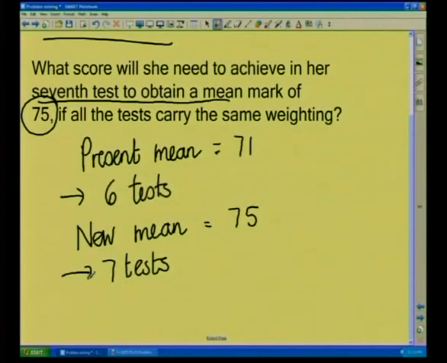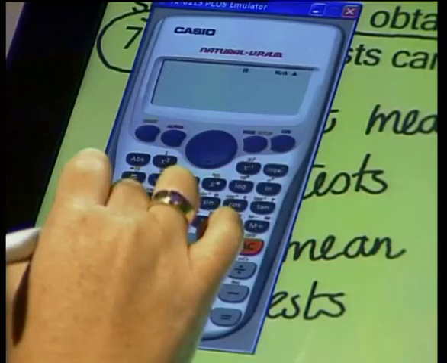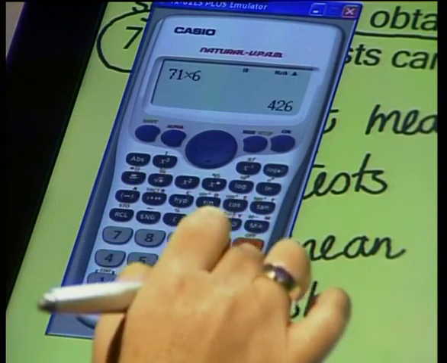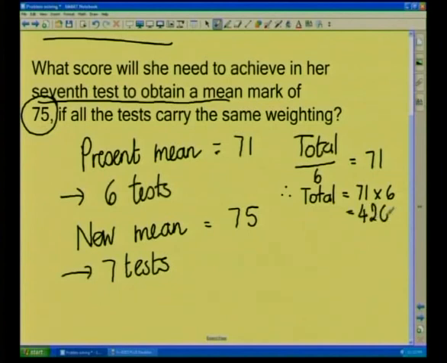So if she's got a mean of 71, that means the total divided by 6 is equal to 71. So therefore, the total of the first 6 tests is equal to 71 times 6, because each of those tests was shared out to be equal to 71 altogether. So if I say 71 times 6, it means that she got 426 marks so far.